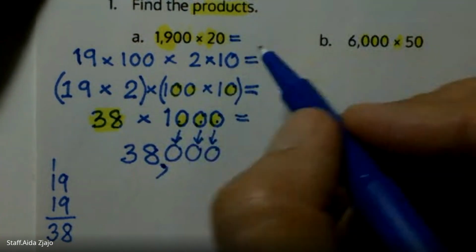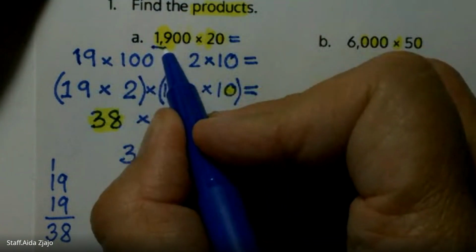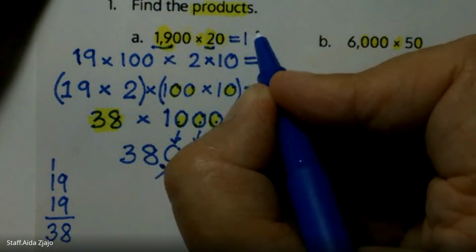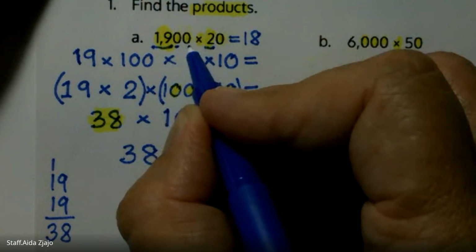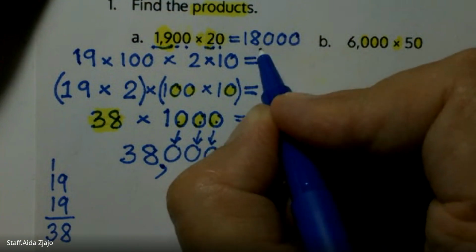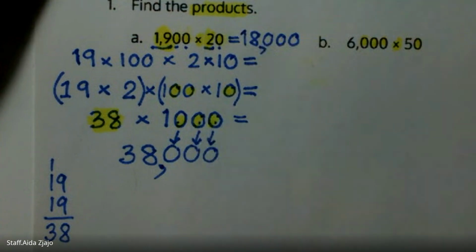So you can see right now how I can do the short version. Look, 19 and 2. 2 times 19 is 38, and add 1, 2, 3 zeros. So that is 38,000. So the product is 38,000.